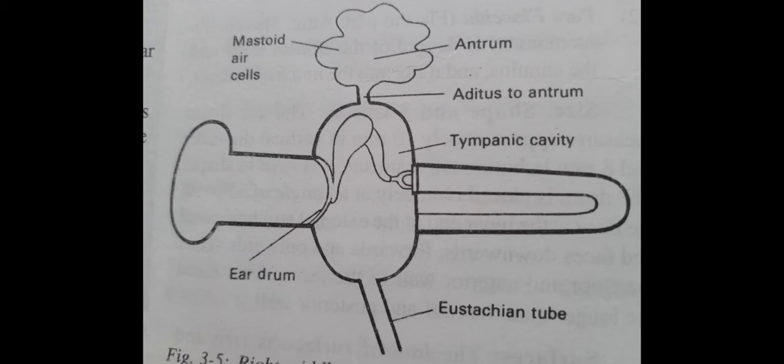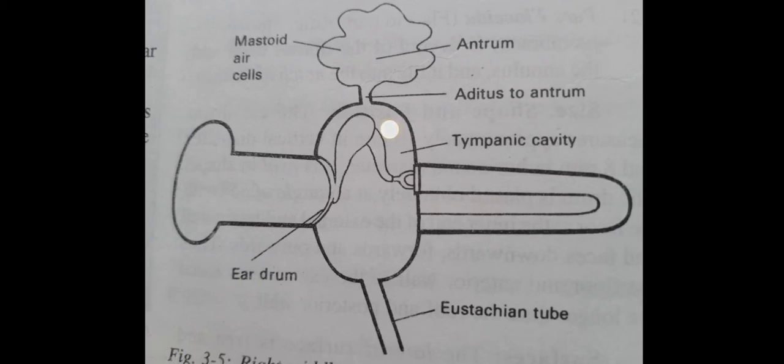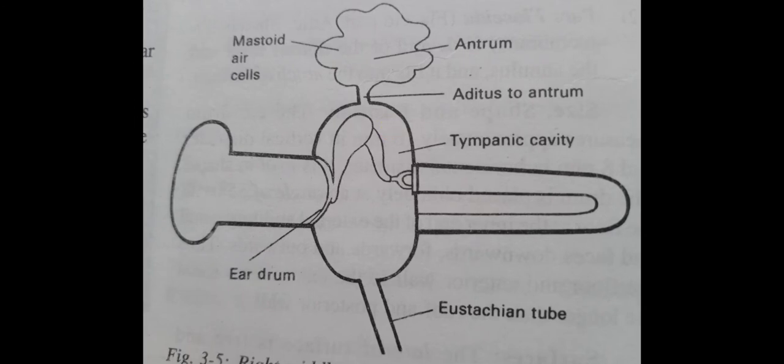The epitympanum, also called the attic, is above the eardrum, and it contains the upper half of the malleus and a large part of the incus. Then the mesotympanum is the part situated just behind the tympanic membrane, and this is the hypotympanum.